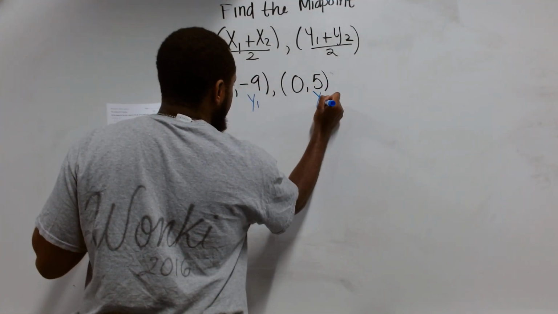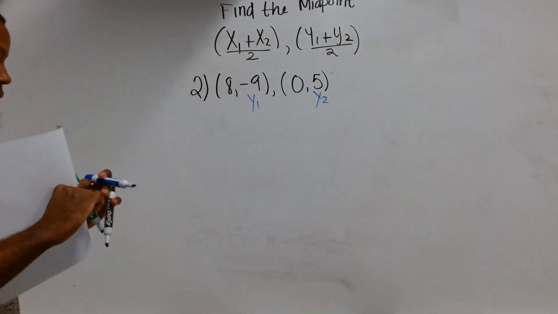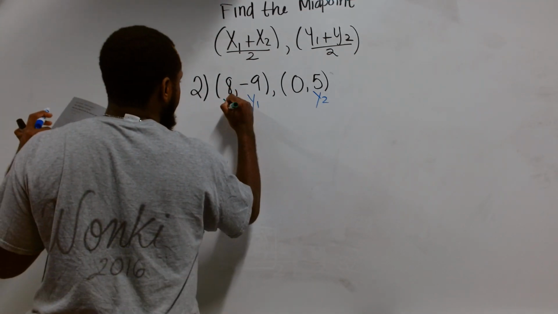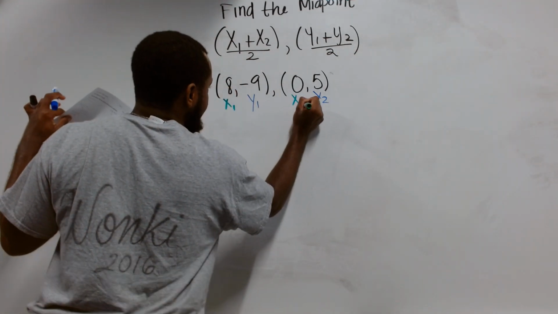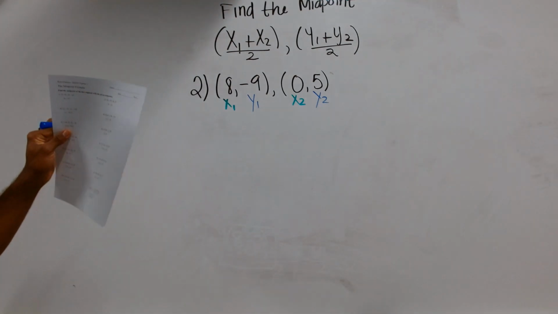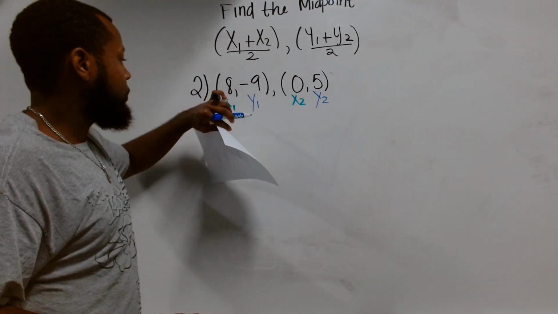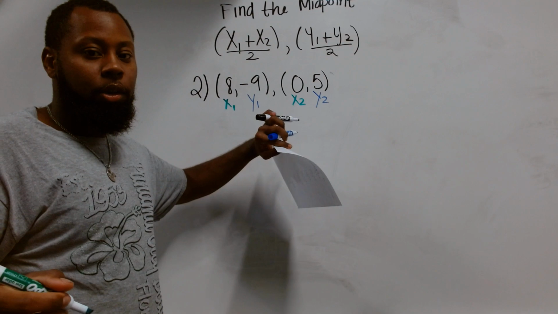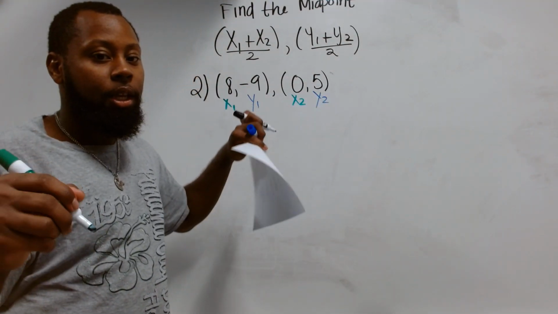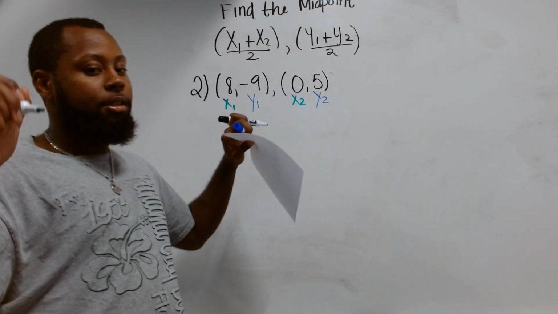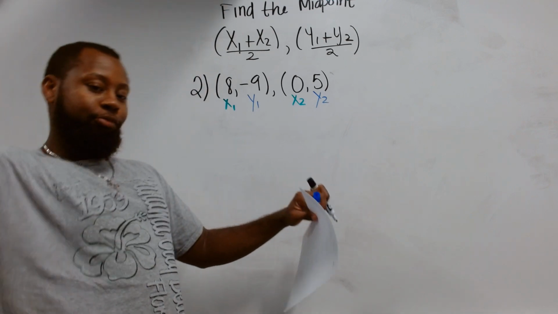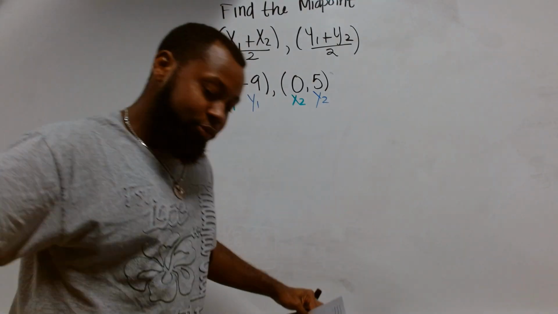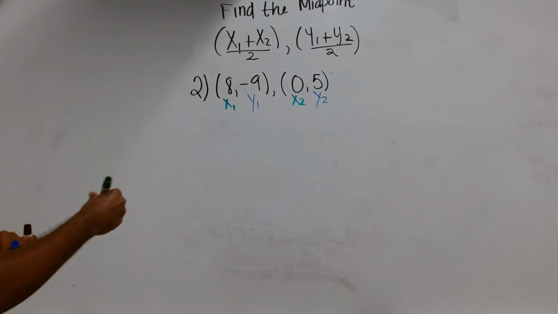This is your Y2. This is your X1. This is your X2. Okay? Your X1, Y1. X2, Y2. It should follow like that. So you gotta make it a little song in your head.